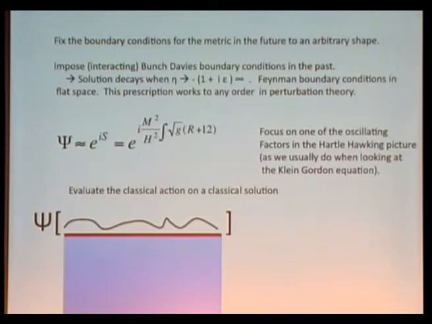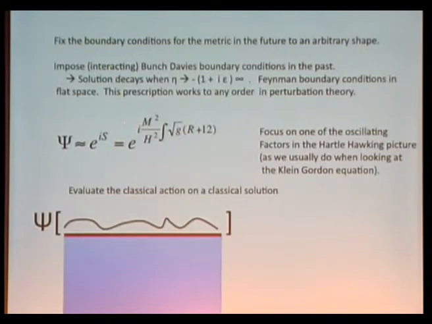And then you evaluate the wave function by writing e to the iS, where S is the gravity action evaluated on a solution of the Einstein equations with these boundary conditions.